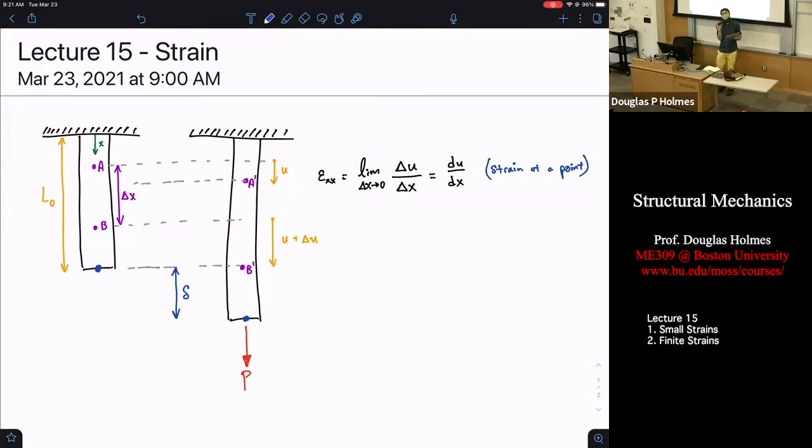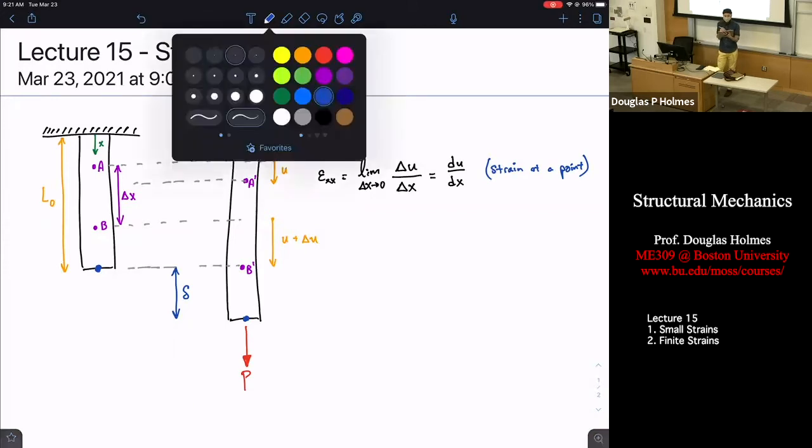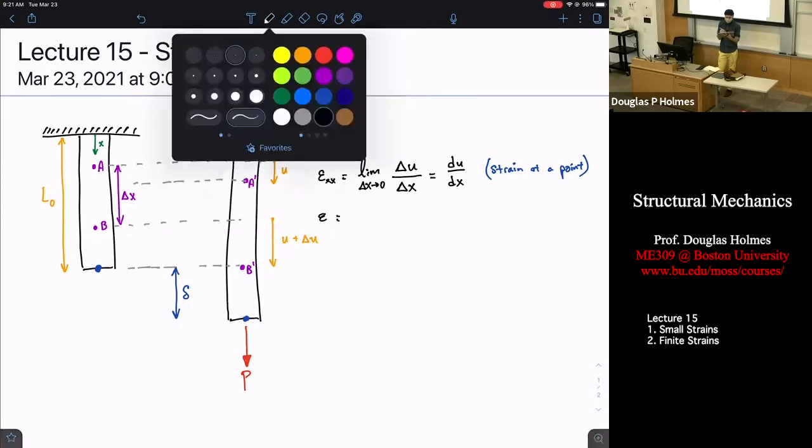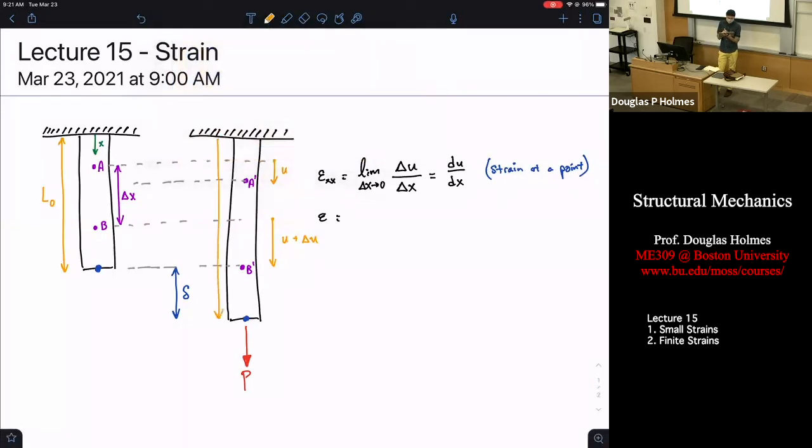Now, this is really not that far off from what you're familiar with, because what you're familiar with is us defining what we would call a uniform strain, which would be, let's just consider the fact that our new bar has a length L. Therefore, if our new bar is a length L, we could take the difference between our new bar and our old bar, relative to the length of the old bar, and get a measure that looks like this.